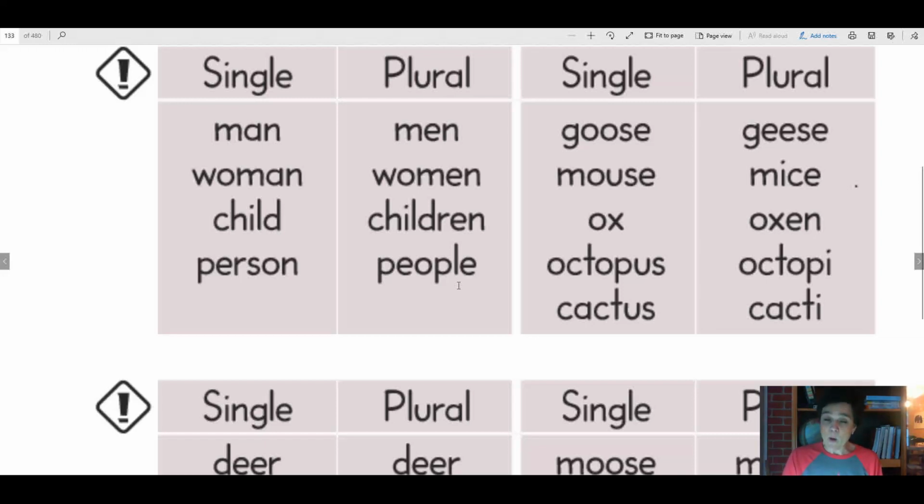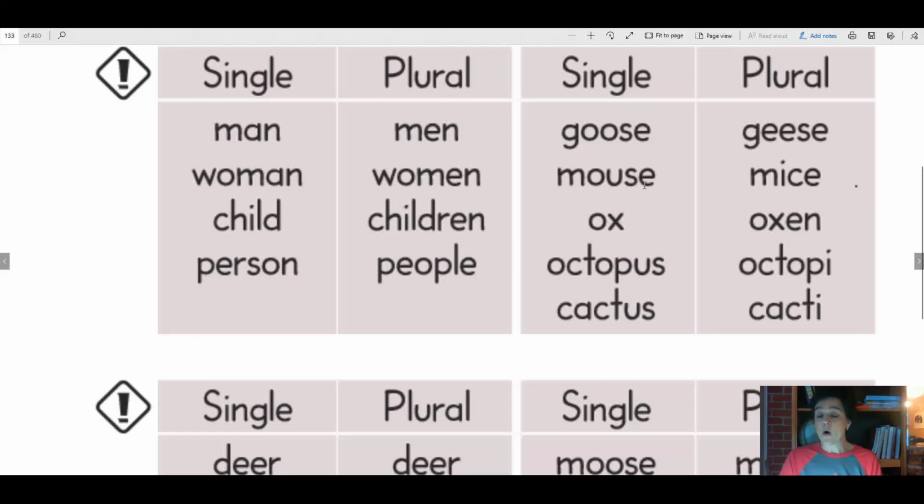Do you see now why we call these irregular nouns? Because you don't make them plural the normal way, like putting an S or an ES on them. You got to change the whole word. Let's look at the word goose. Okay? If there's a lot of them, we say there are geese. Okay? What about a mouse?